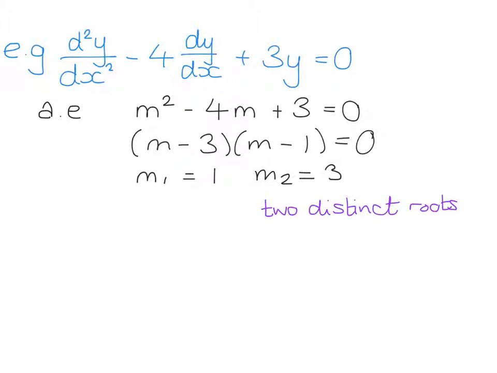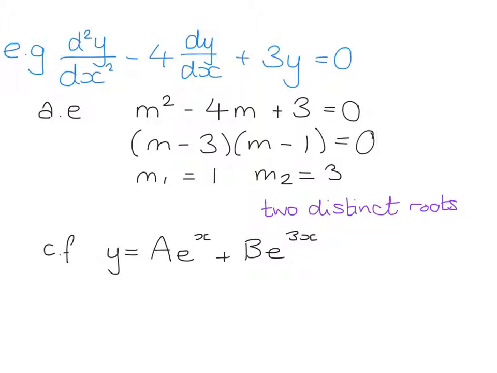Hence we have two distinct roots. So this gives us the complementary function of the form y equals a times e to the x, as m1 is 1, plus b times e to the power of 3x, as m2 is 3.